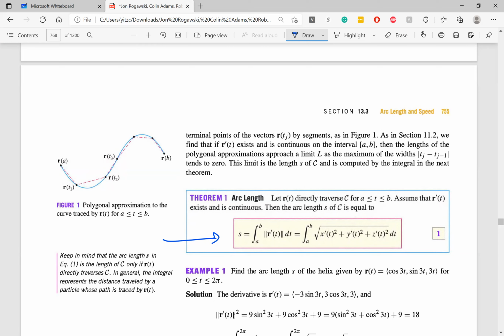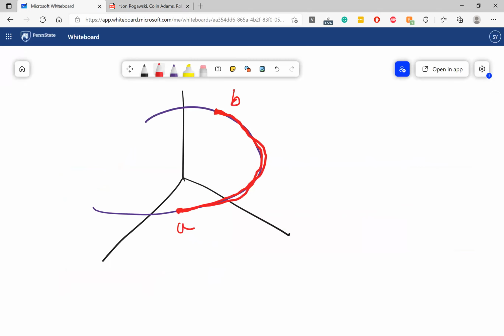You're adding up infinitely small pieces of your velocity, and if you do that from A to B, that will tell you the length. It tells you how long it will take for you to get from A to B. When you take the derivative, you take the derivative of each component, and then you square it, and you take the square root in order to find the magnitude.